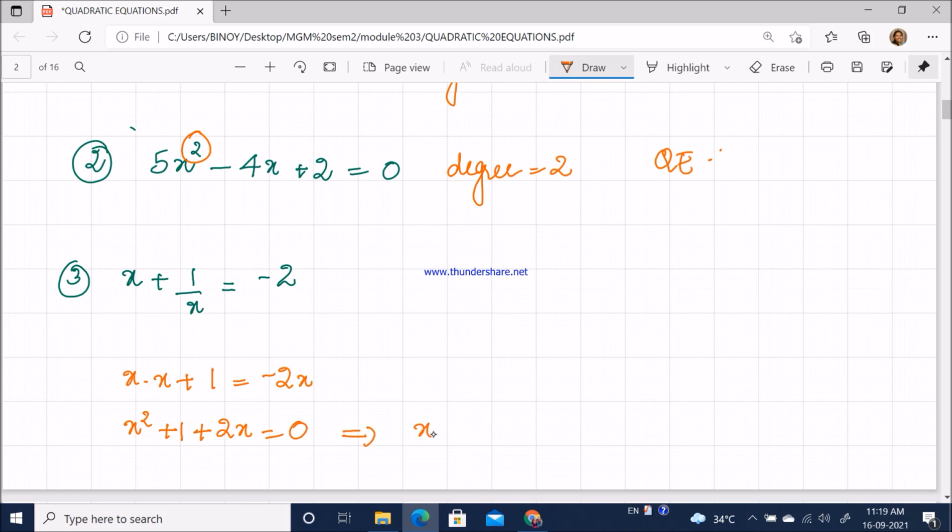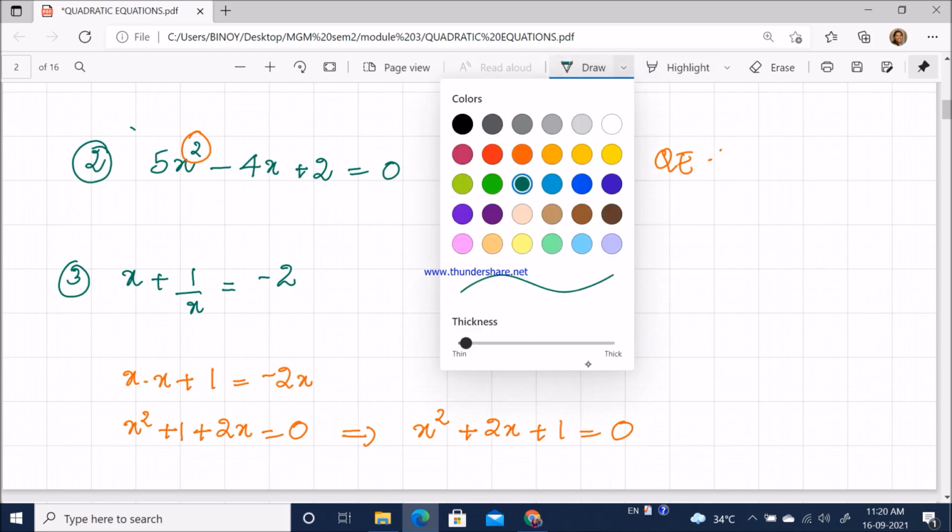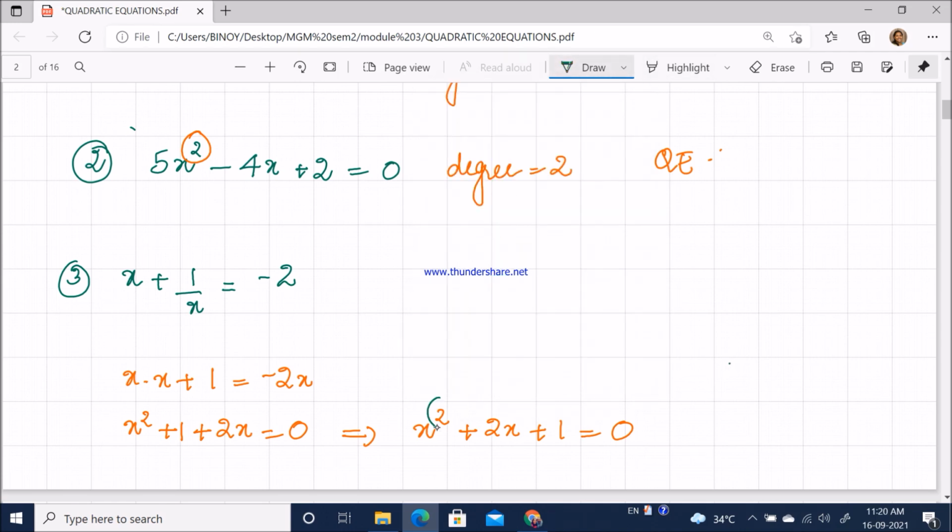Rewriting the equation, x square plus 2x plus 1 equal to 0. Here the highest power of the variable is 2, so this is degree 2, which is a quadratic equation. So this is another form of a quadratic.